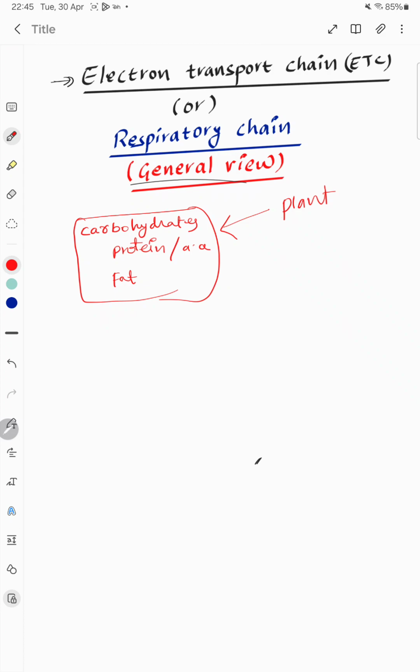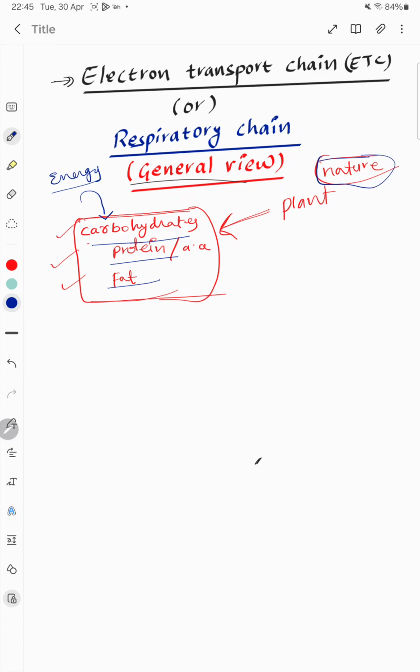Of course from animal sources also you can get them, but mostly plant sources. So these are foods, which means nature is producing carbohydrates, proteins and fats, well equipped with energy by nature, but we cannot extract the energy directly from the carbohydrates, proteins and fats.